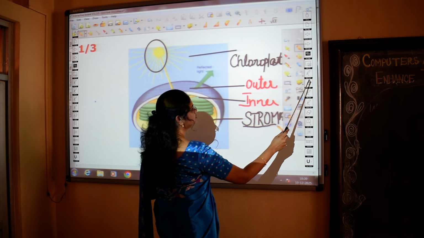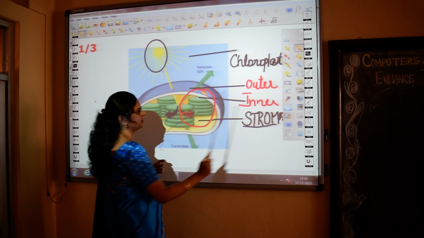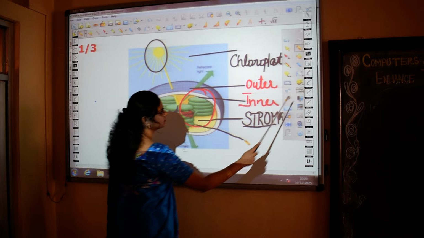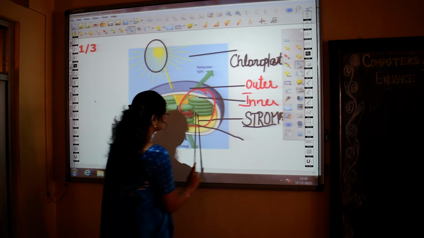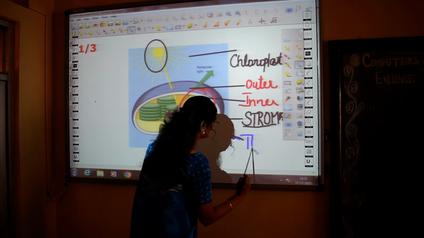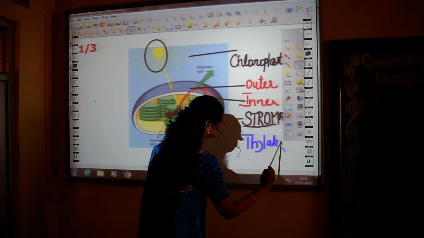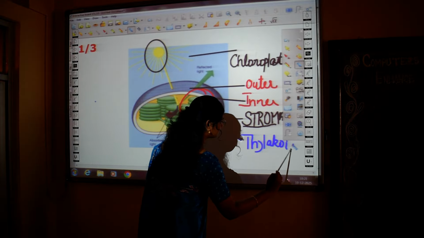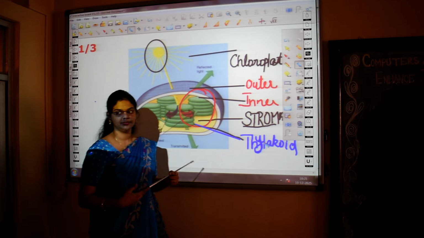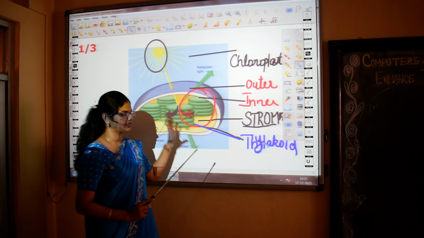Next is the main part of the chloroplast, the thylakoids. Thylakoids, as is evident from the diagram, are disc-shaped structures.